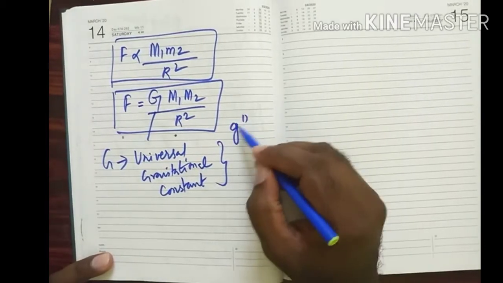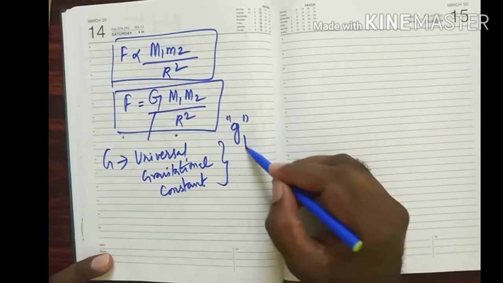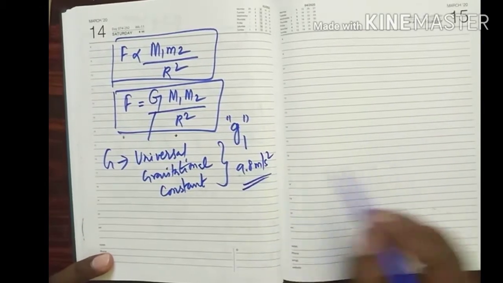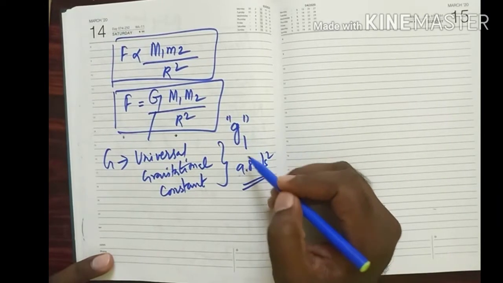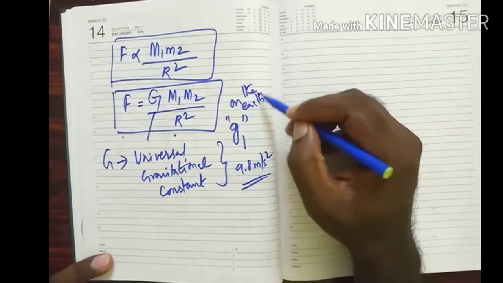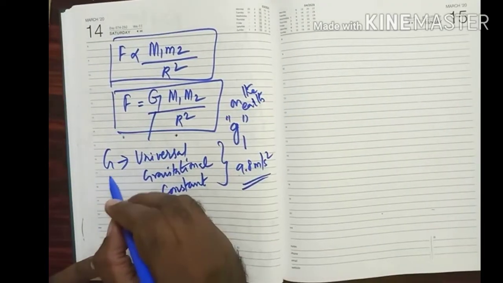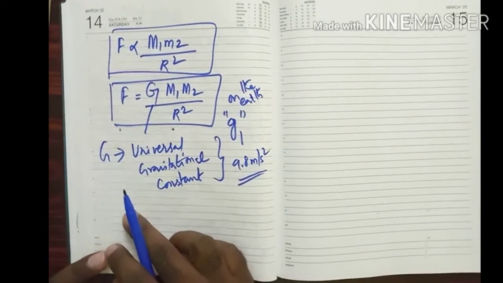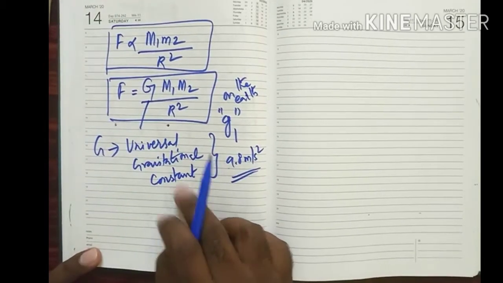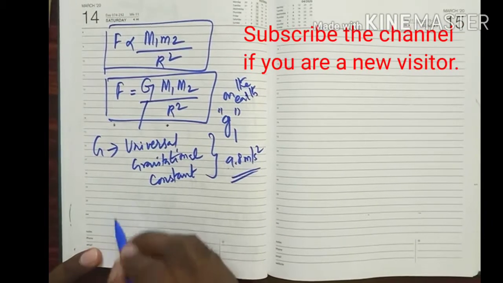We know small g refers to 9.8 meter per second square. That is the gravitational force acting on the earth. Am I right? But this is a gravity which acts on the whole universe. That's why it is called the universal gravitational constant. What is its value? That is very important.